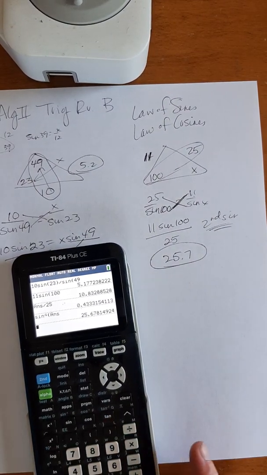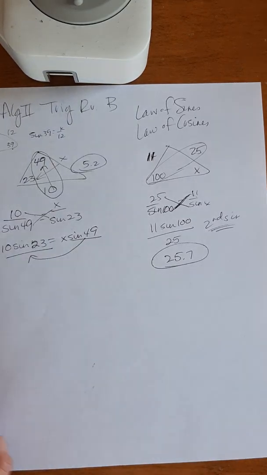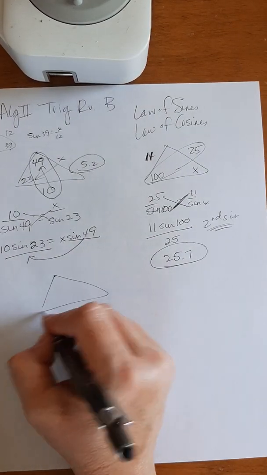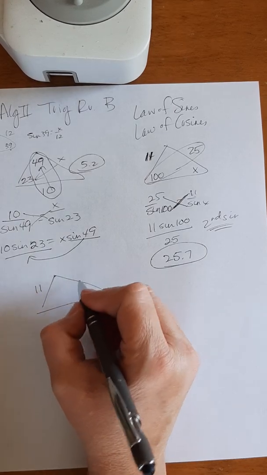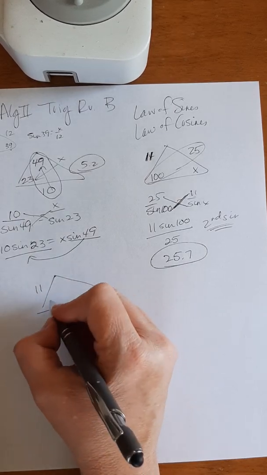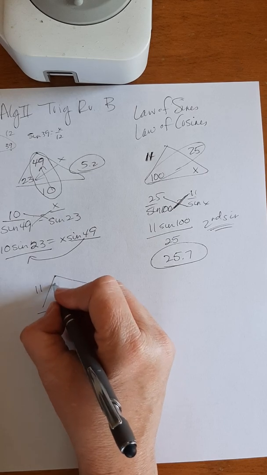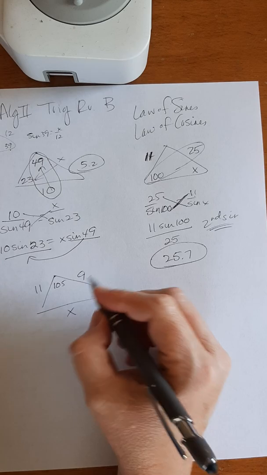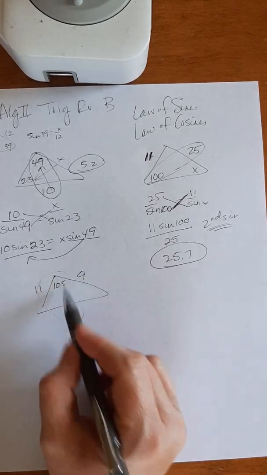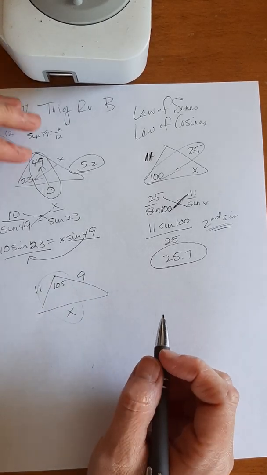So that's law of sines. If you have a pair, you know you can do law of sines. If you don't have a pair, like let's say 11, 105, and 9, and you're looking for this one, that's when you can do law of cosines.